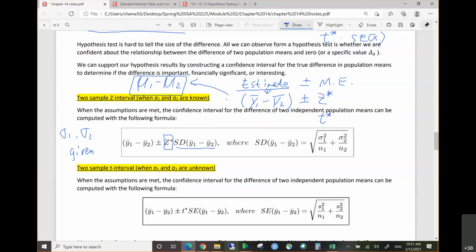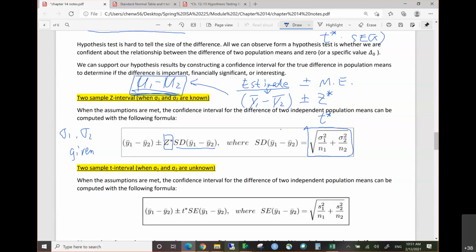What is that? We have already talked about that in the hypothesis test. It's the summation of the two variations. Got it?